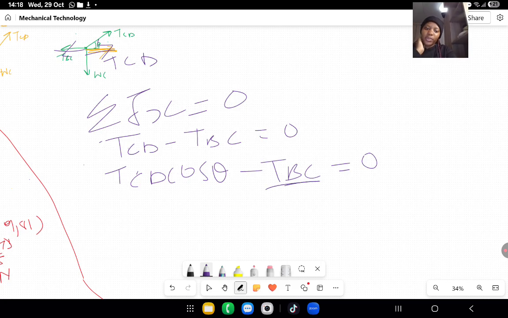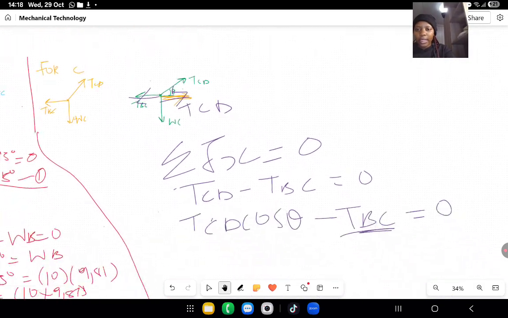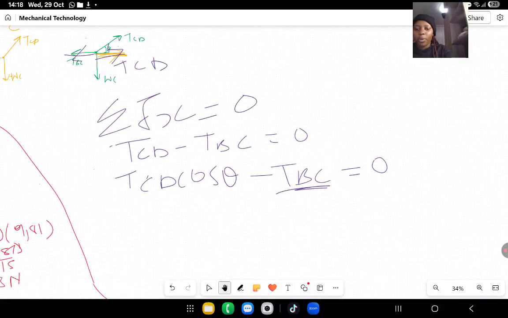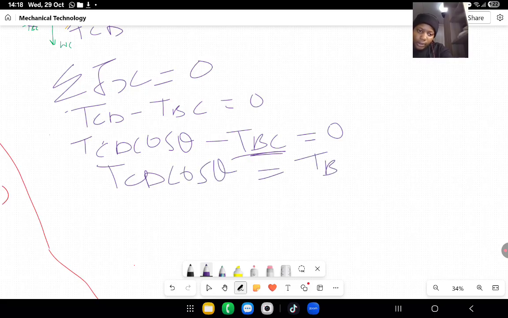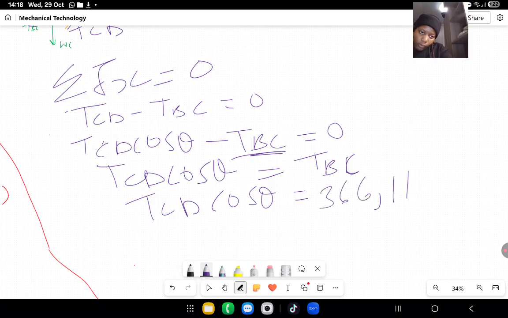So we have BC, we wrote it there. Here it is, which is 366,115. So we will substitute it. We will say TCD, the cos of theta equals TBC. Then TCD, the cos of theta equals 366,115 N. Equation 2.